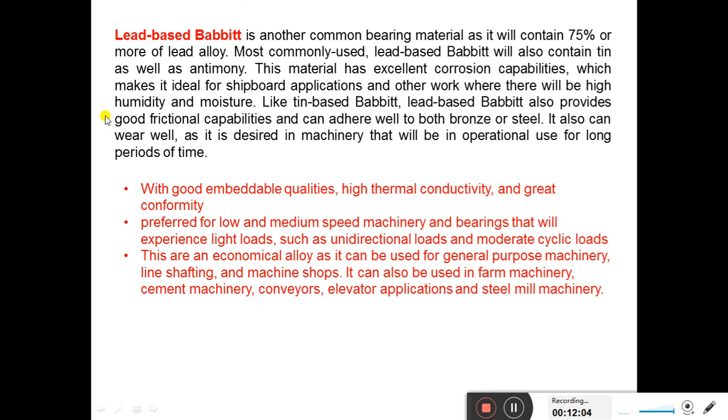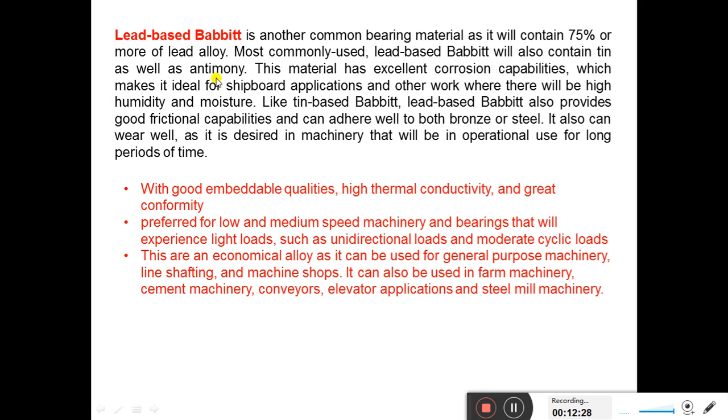Just like tin based, it also provides frictional capabilities, with a very low coefficient of friction, and it adheres well to both bronze and steel. It also wears well, and it is used in machineries where it provides long life.